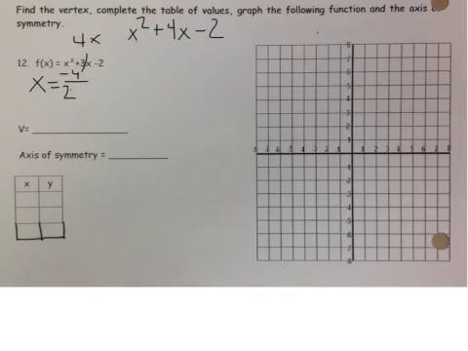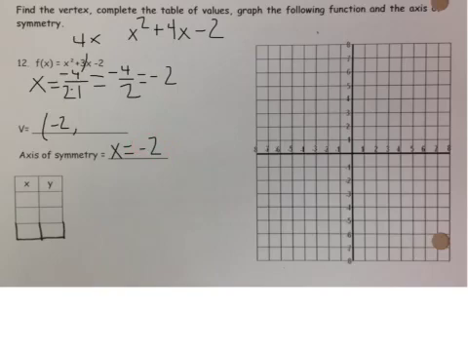So we have 2 times 1, and I end up with negative 4 over 2, which is negative 2. So that's the x-coordinate of my vertex, as well as my axis of symmetry, x equals negative 2. These two numbers will always be the same.